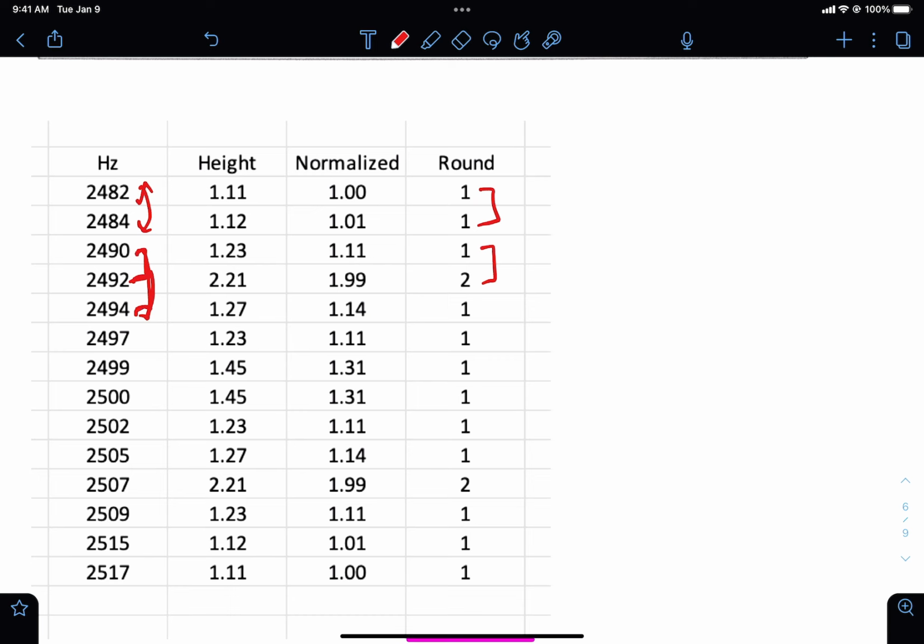Remember what that meant in our previous one? Even though it looked like a 2, it was really a 1 that was participating in 2 of our doublets. Last time it was 2 of our triplets, but here it's 2 doublets. So this 2 is really a 1. I'm just going to make a note of that. That's really a 1 that's just overlapping with 2 different doublets. So that is a doublet of 2, and then that is a doublet of 2.